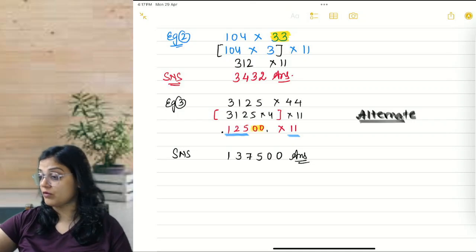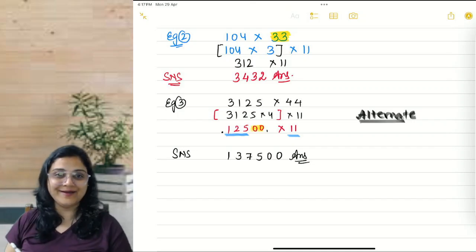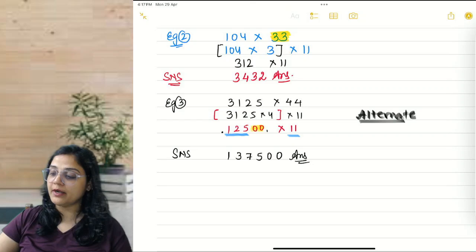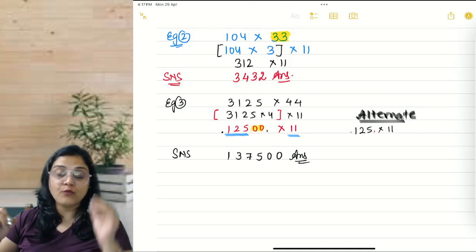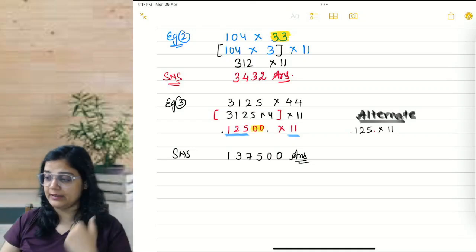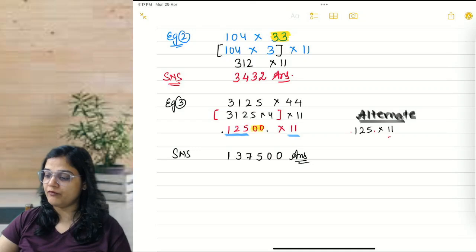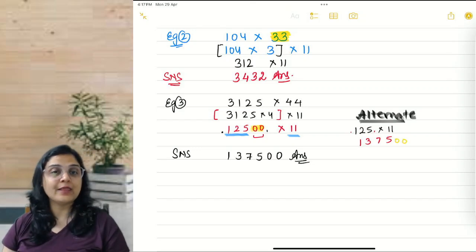I'm sorry, I have written it down with the highlighter itself. So in the alternate way, 125 multiplied by 11, again assuming two zeros, one in the beginning, one at the end. We are just assuming them. We are not writing them again and again. You will get 5, 7, 3, 1. And since there were two additional zeros, you can put two additional zeros at the end. You will get the same answer.